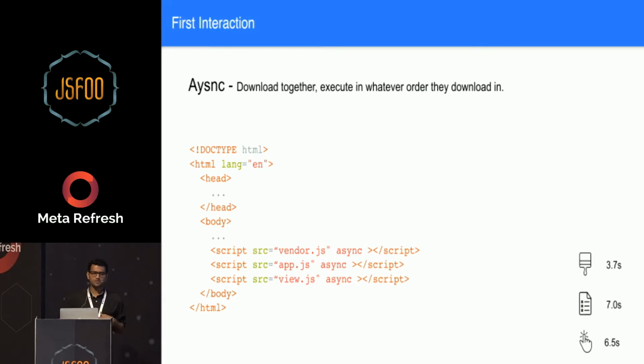They'll be downloaded in parallel, but they'll be executed only just before the document loaded event is fired. So if your page has a lot of images or other resources that are downloaded before this event, and they push this event to a later point on the timeline, then you are in a way intentionally delaying the JavaScript-enabled time for a user, right?